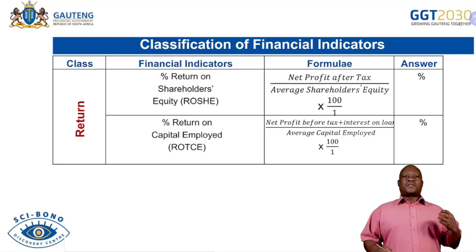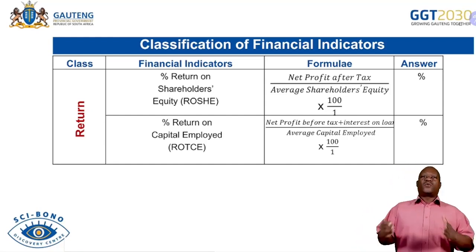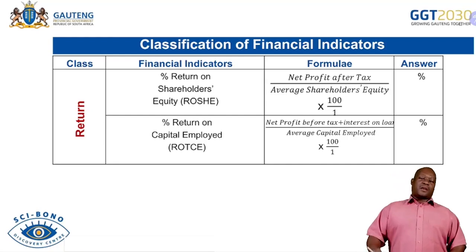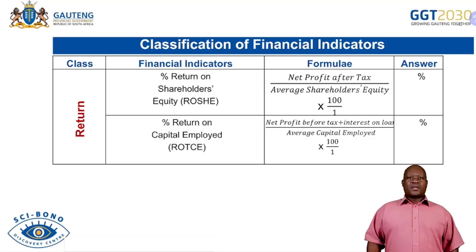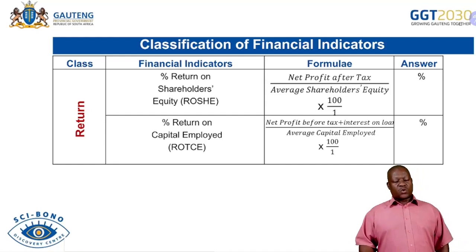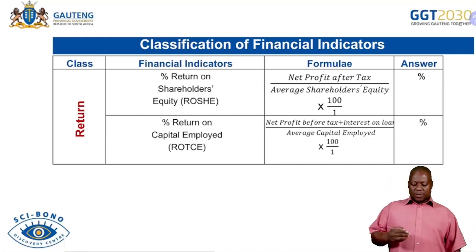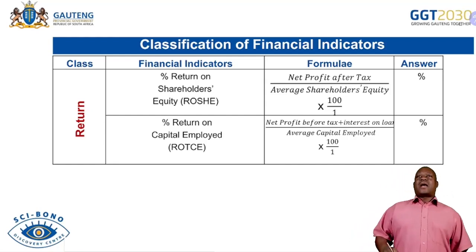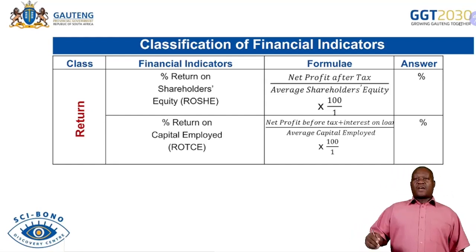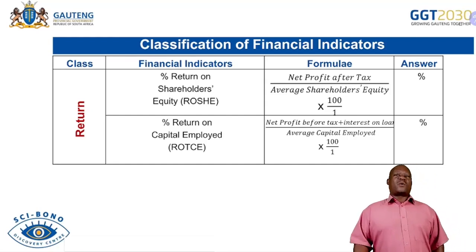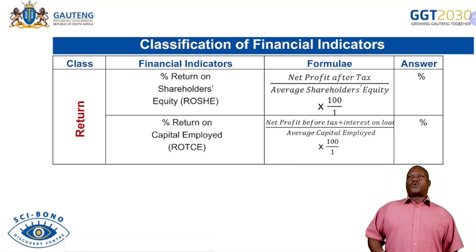So you take the start and the end, add them together, and then remember to divide by 2 to find that average. So please remember the formula, and whatever answer you have, you are going to multiply by 100 over 1, because the answer should be a percentage.